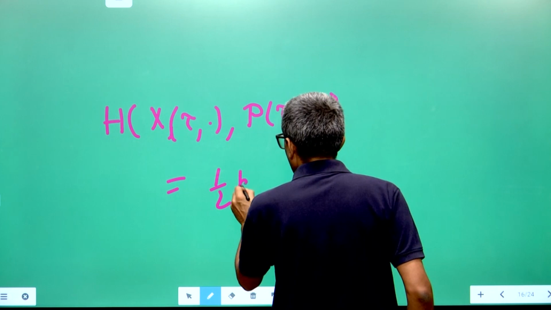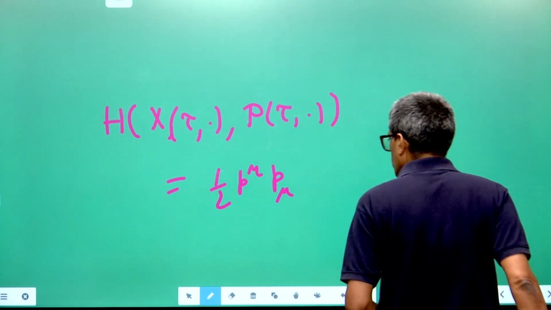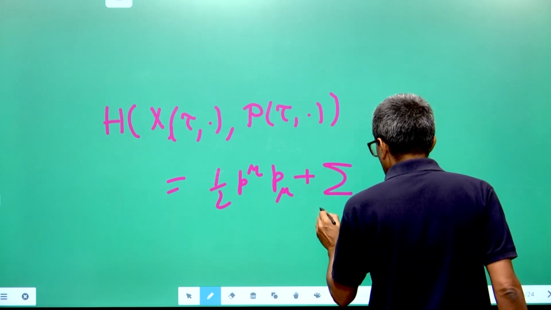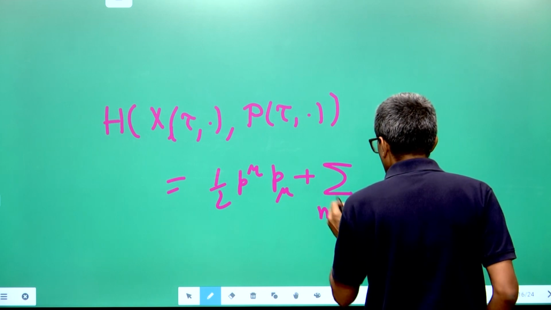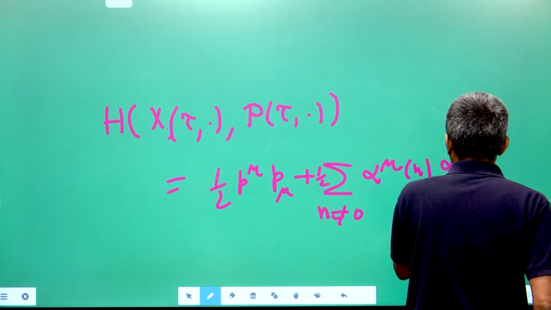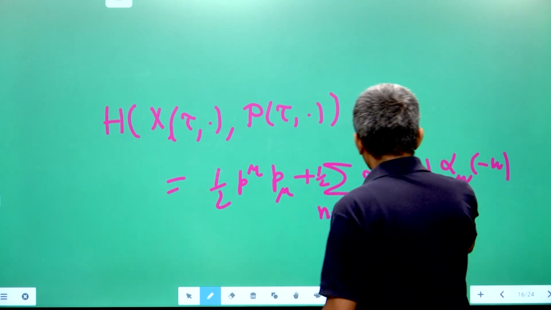half p mu plus summation n not equal to 0 half alpha mu n alpha mu minus n. Of course, there is a normal ordering ambiguity in this whole thing.